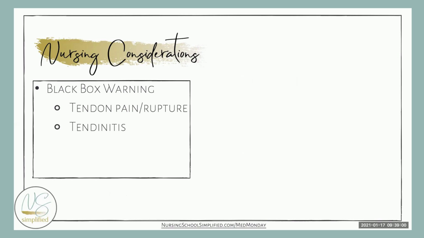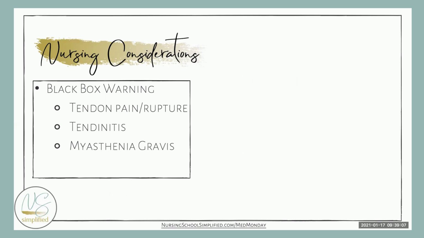So, nursing considerations. This medication does have a black box warning. So, we need to be aware of and monitor our patients for tendon pain or rupture. The most common tendon affected is the Achilles tendon, tendinitis, and myasthenia gravis.